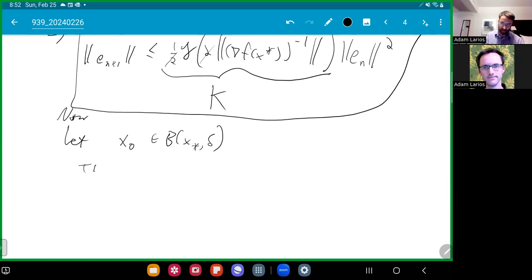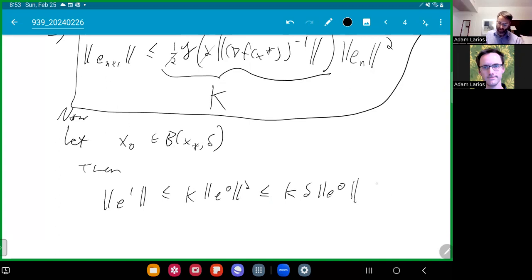then, right, you have, for instance, E1 is less than or equal to k times E0 squared, but that's then less than or equal to E0 times delta times E0, right? And then that's less than, say, let's say we might need to choose delta possibly smaller.